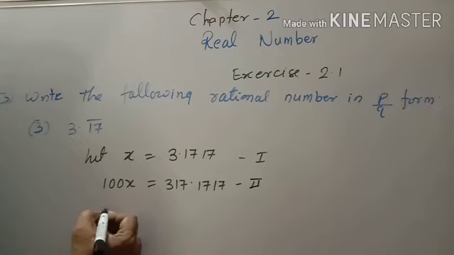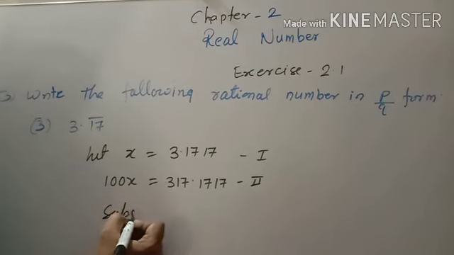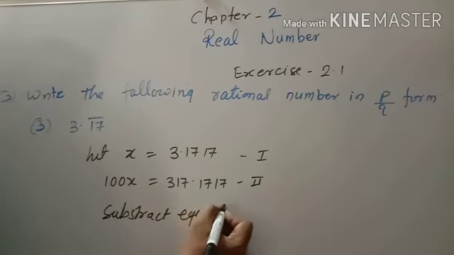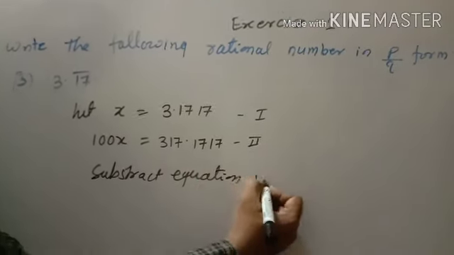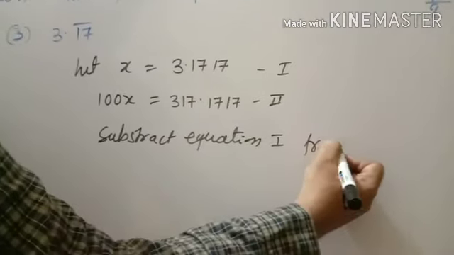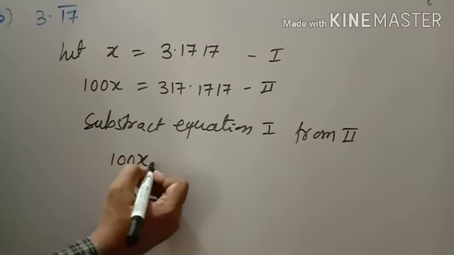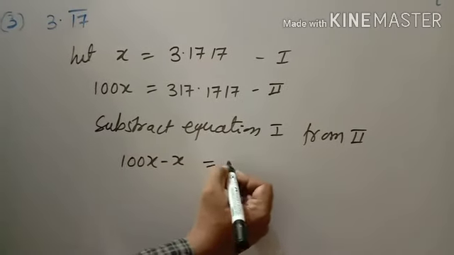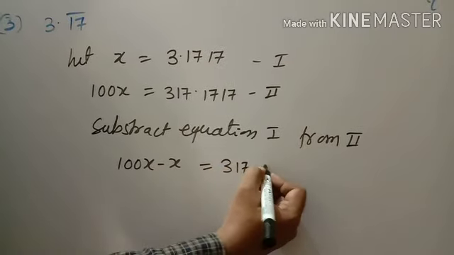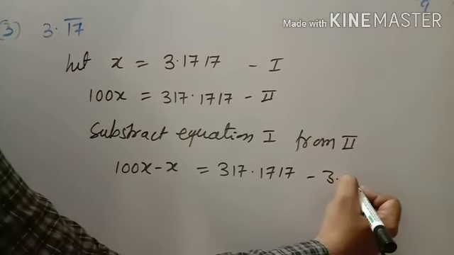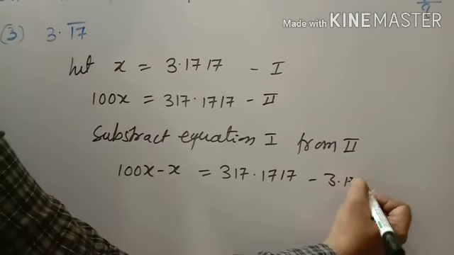Again we subtract equation 1 from 2. So 100x minus x is equal to 317.1717 minus 3.1717.